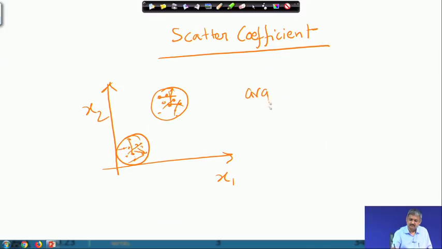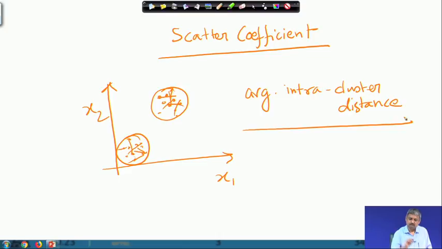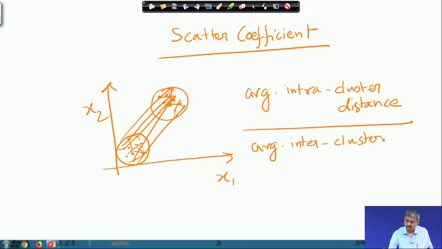So, the average of all these, and take all these distances. So, this ratio is the scatter.